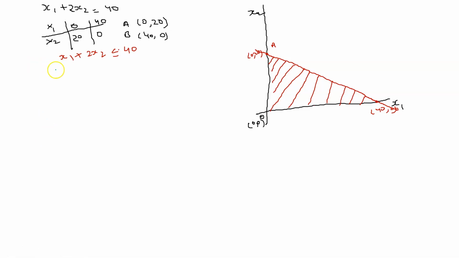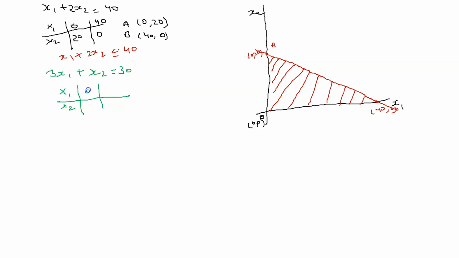Now let's take the second inequality, and first take it in the form of an equation: 3x1 plus x2 is equal to 30. Let's find the 2 points so that we can plot this line.